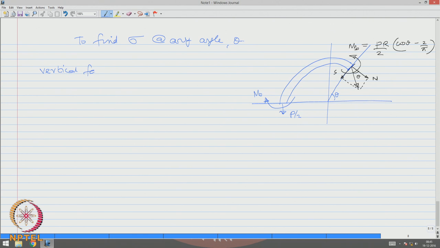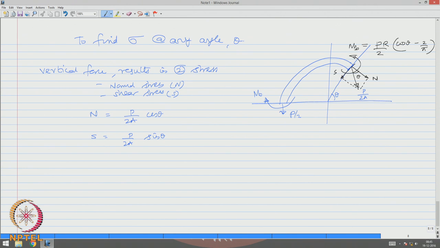The vertical force results in two stresses, which are the normal stress and the shear stress. The normal stress is given by P by 2a cos theta, because this is going to be P by 2a, and the shear will be P by 2a sin theta.